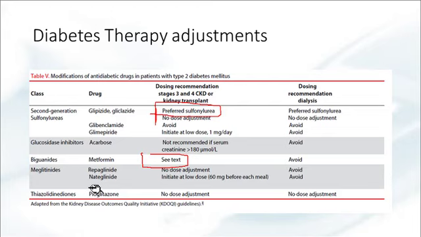When it comes to pioglitazone as well, while it must be used under specialist supervision, no dose adjustment is required, and it can be used in stage 3 and 4 CKD or kidney transplant, provided the person is not a fluid retaining patient, obviously.